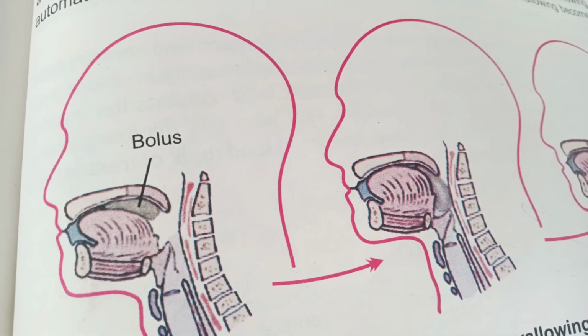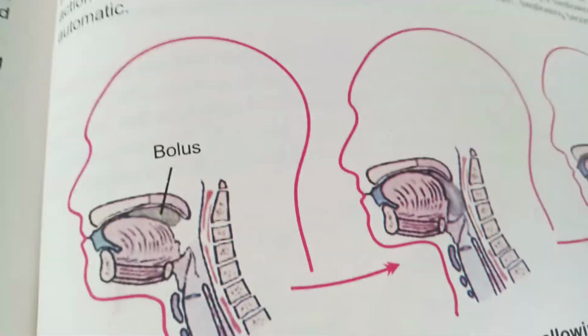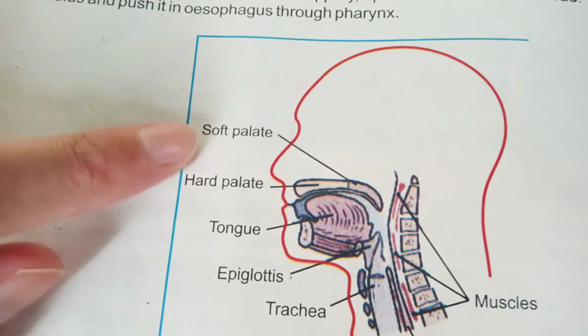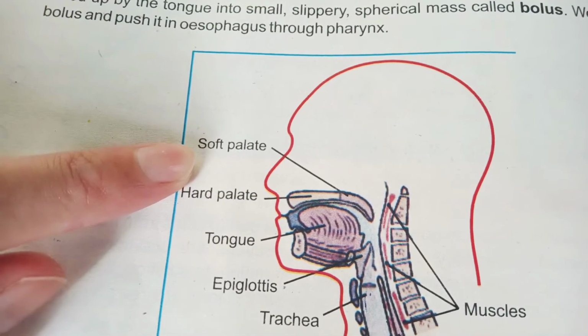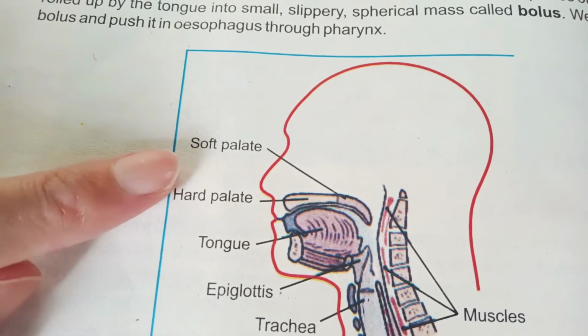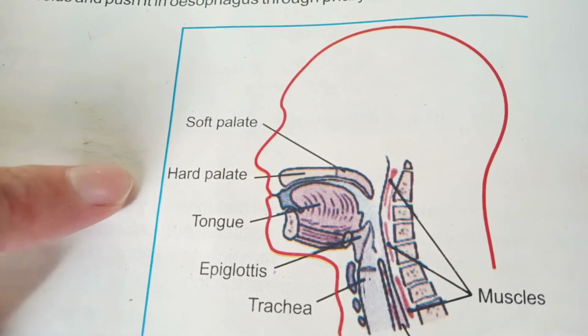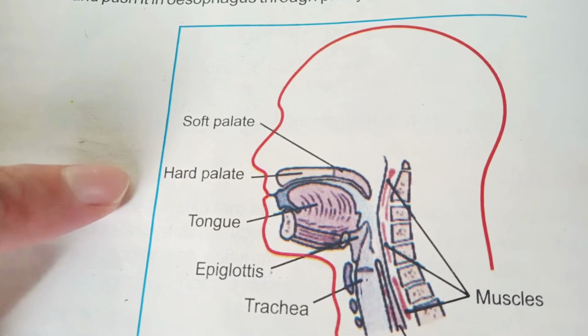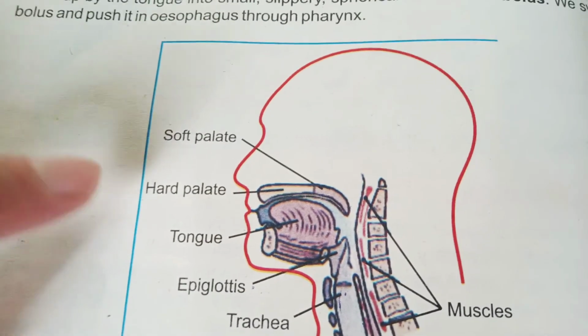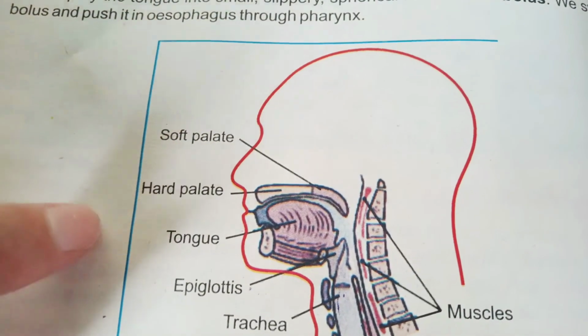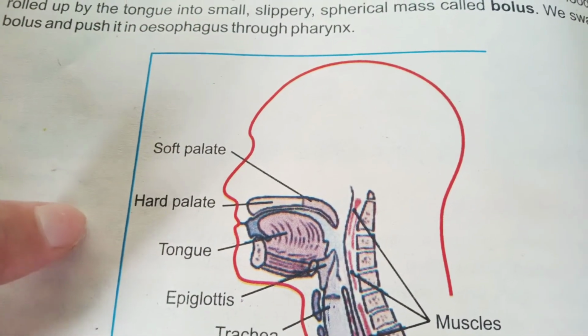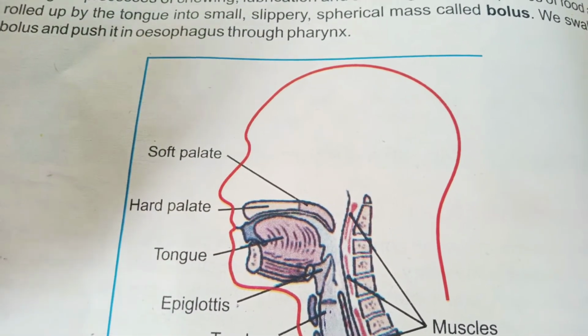So here is the bolus, and during swallowing, this soft palate will move upward and to the rear. In this way, the opening of the nasal cavity is closed. When swallowed, the bolus passes through the pharynx to enter the esophagus.